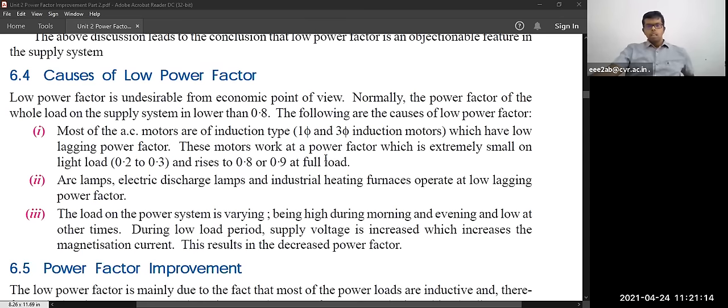While operating our induction stove also, our power factor will be going down. But in an induction stove, there will be some capacitors, so that it will lead the power factor.